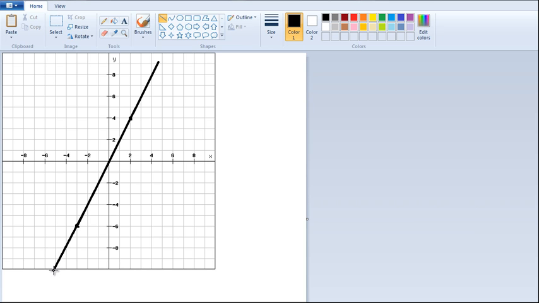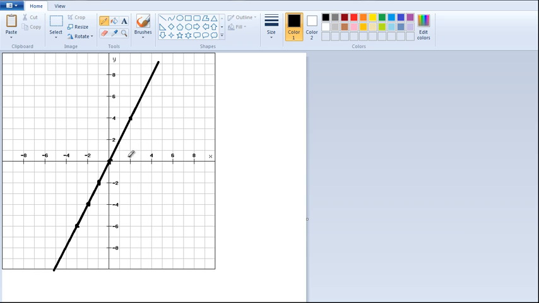And if we do a very good job drawing the line, we will find many points on this line. For example, it will pass through this point, which is -2, -4. It will pass through this point, -1, -2. It will go through 0, 0.